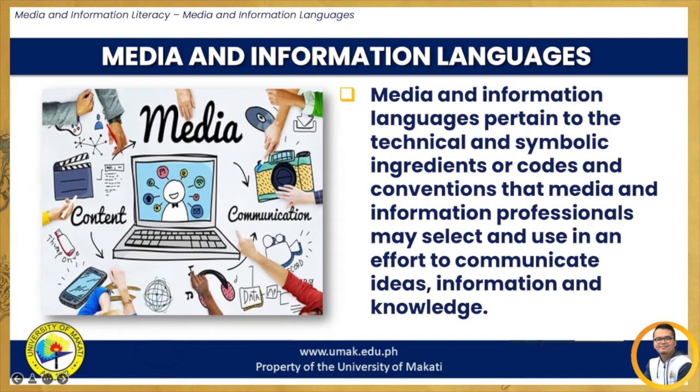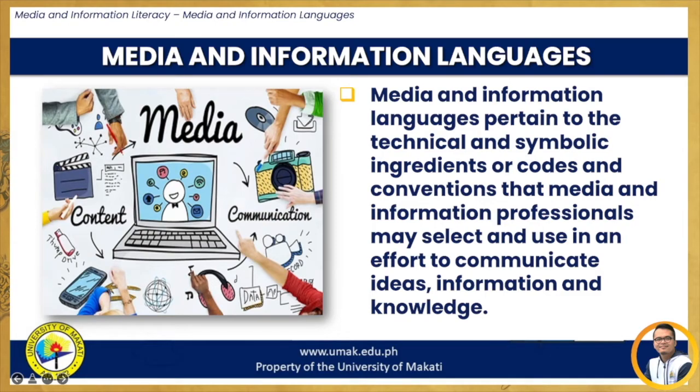An important first step in becoming media and information literate is to understand how information, ideas, and meaning are communicated through and by various media and other information providers, such as libraries, archives, museums, and the internet.